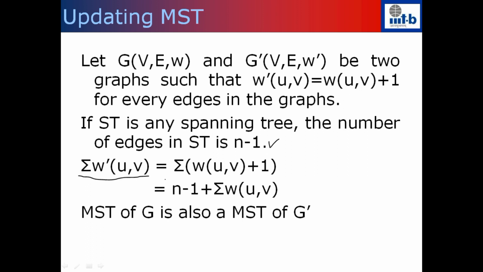But W dash is exactly equal to W of U comma V plus 1. The number of edges in the spanning tree is n minus 1, so the number of ones in the summation is n minus 1. So we can pull out n minus 1, and the remaining summation is the weight of all the edges in the spanning tree where the edge weights are from G.